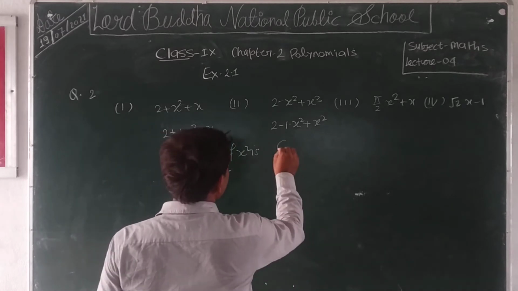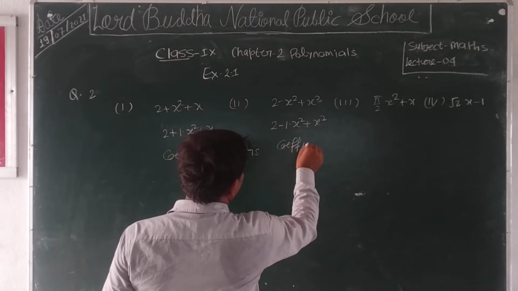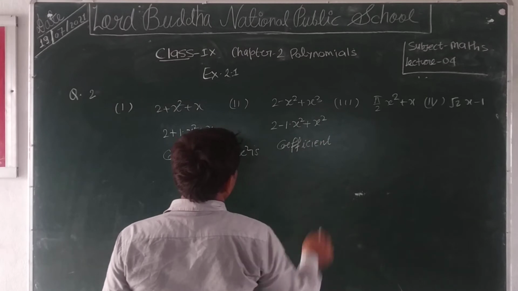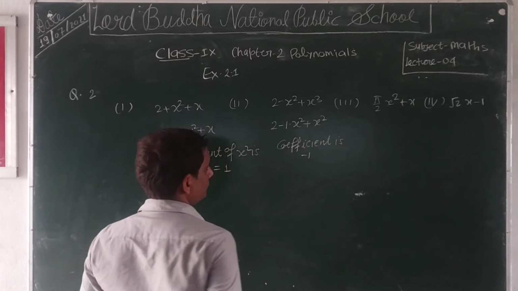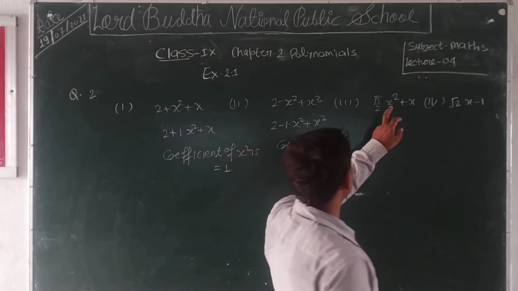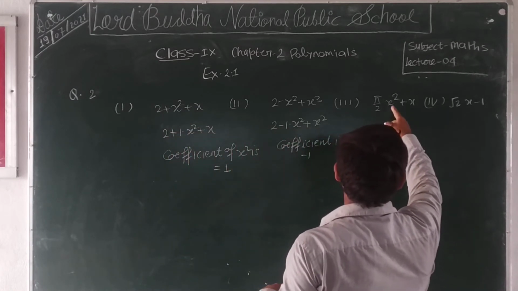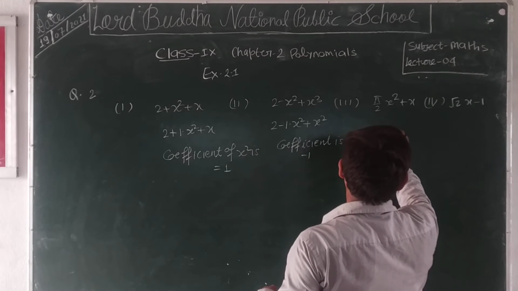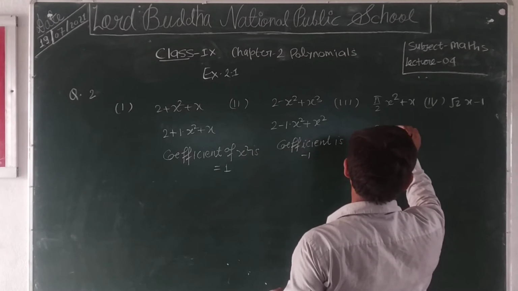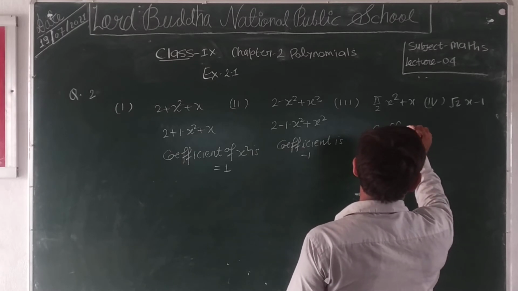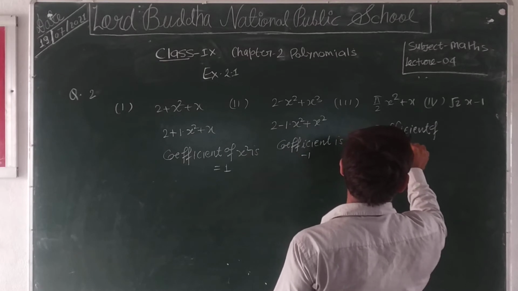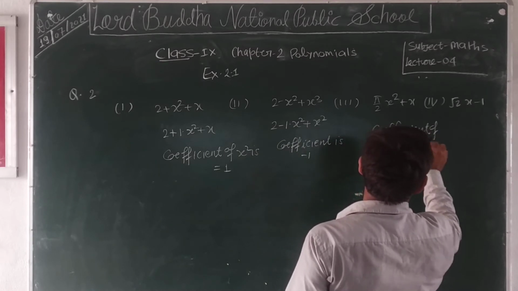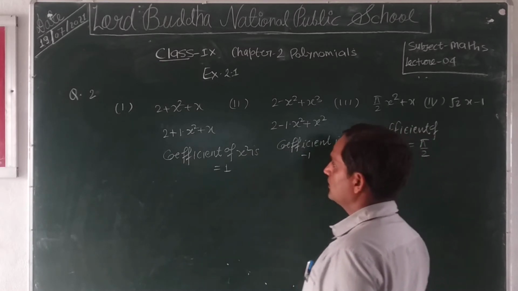So here the coefficient is minus 1. In the third case, pi upon 2 x square, the coefficient of x square is pi upon 2.